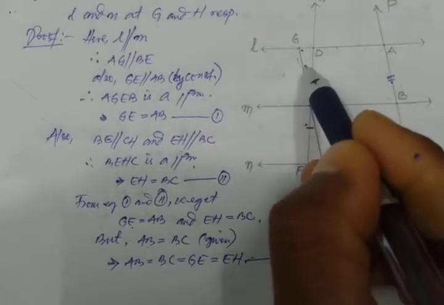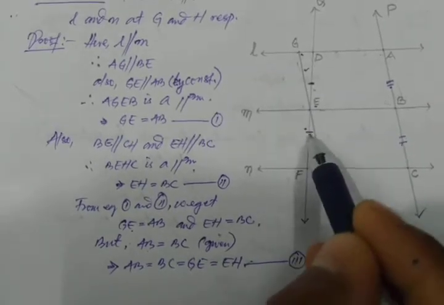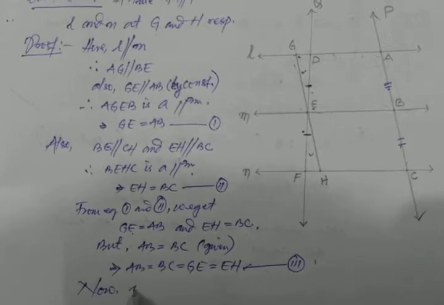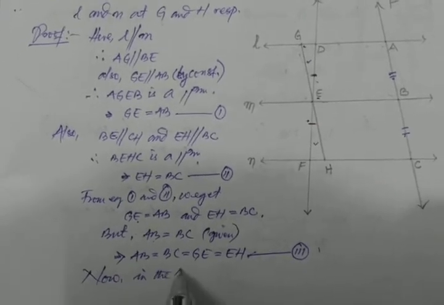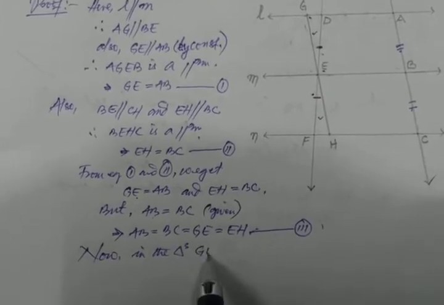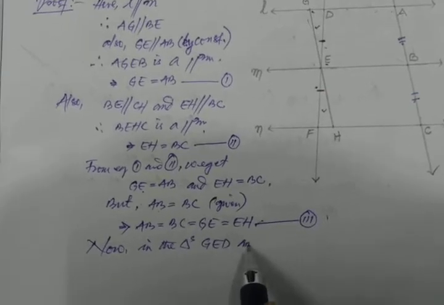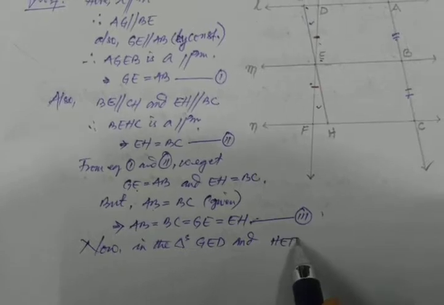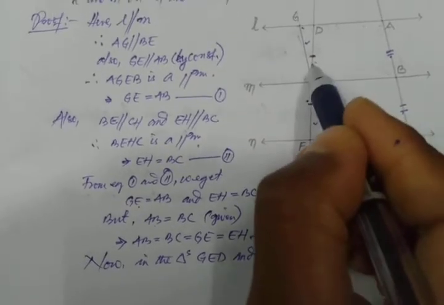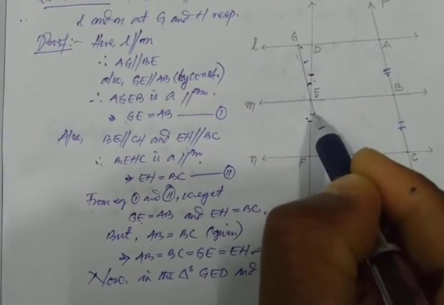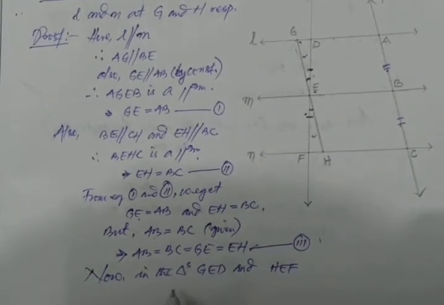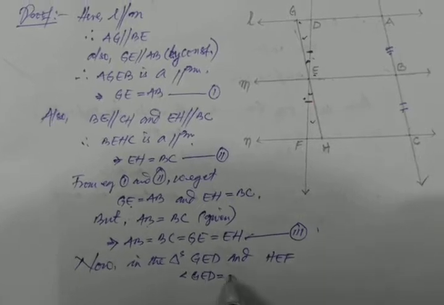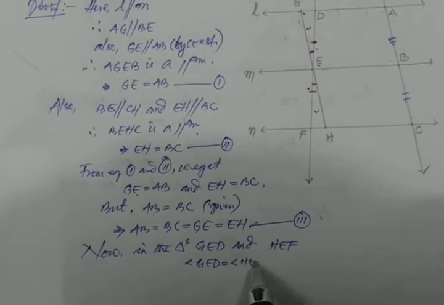Now let us prove that these two triangles are congruent because I need these two sides equal. Now in the triangles GED and HEF, first I'll be going for these angles, vertically opposite angles. That is angle GED equal to angle HEF.